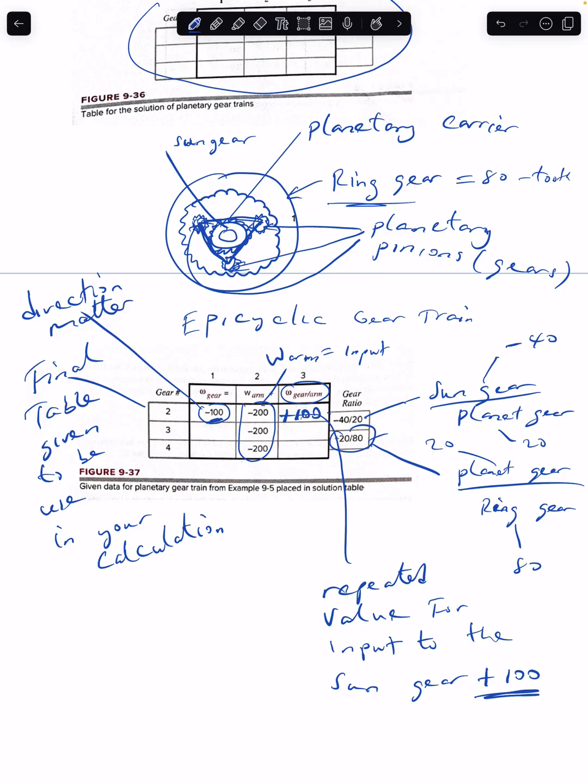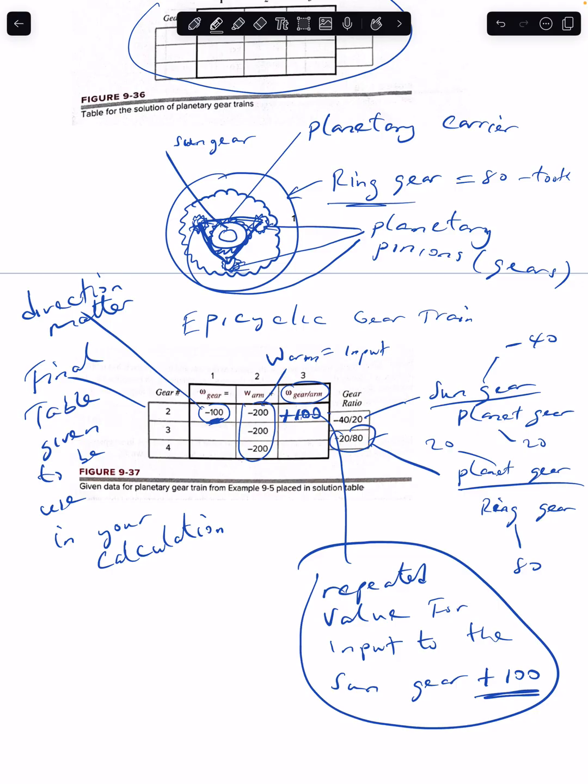So take note, the gear train moves in the opposite direction, and that's how the drive is given to the system. The first thing is always to get this value for the input to the sun gear. It is the opposite in terms of the direction of movement for this angular velocity for the gear.